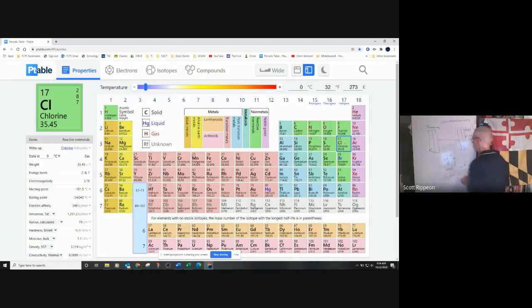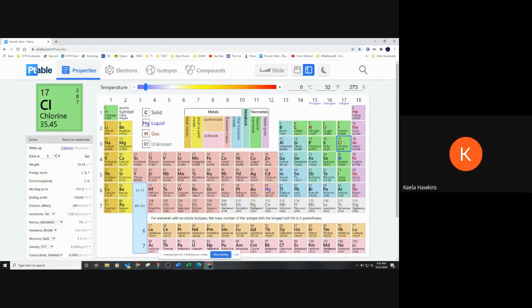So this bond is polar, and the chlorine is on that end, so the electrons are going this way. They sometimes show it with a plus sign and a minus sign and draw the arrow like that. Does that help? Yes, no? Yeah, thank you.